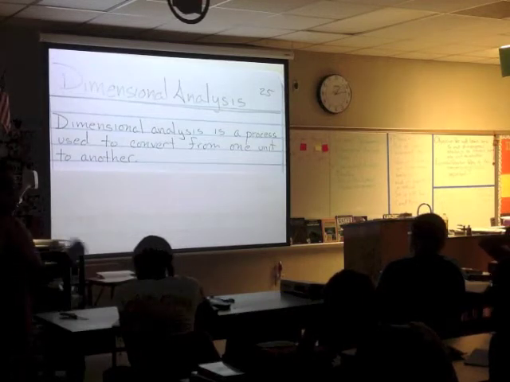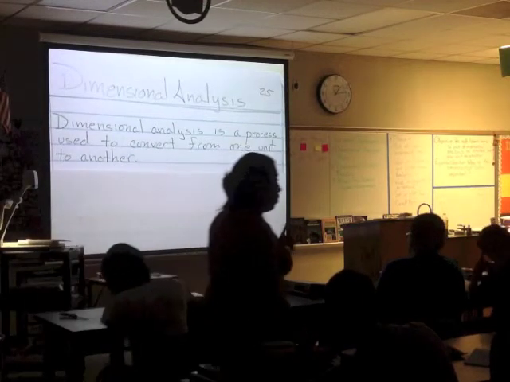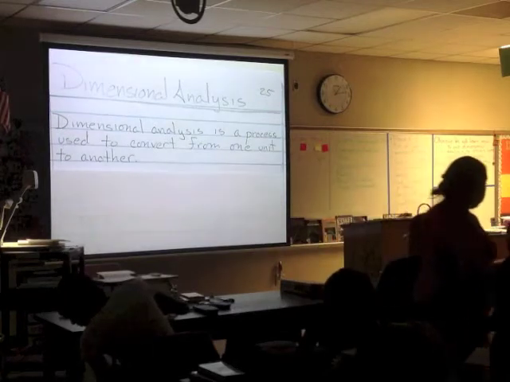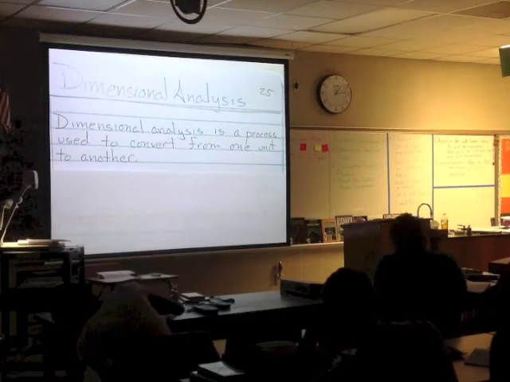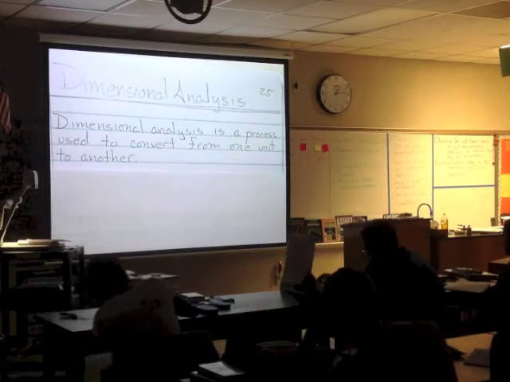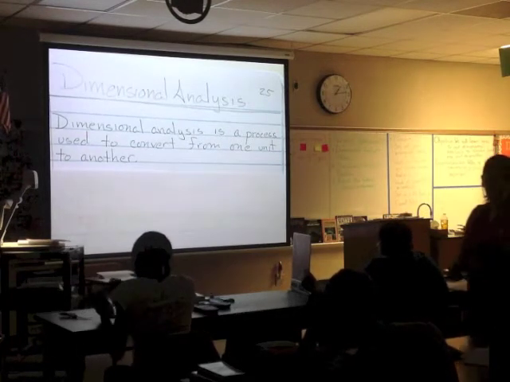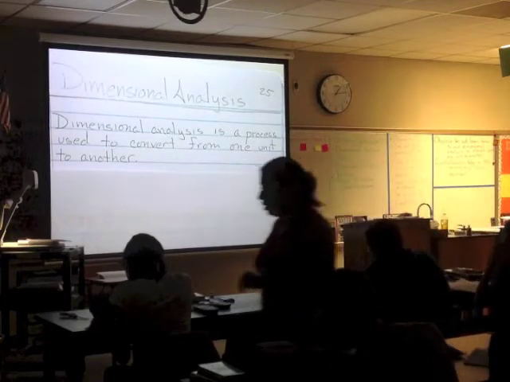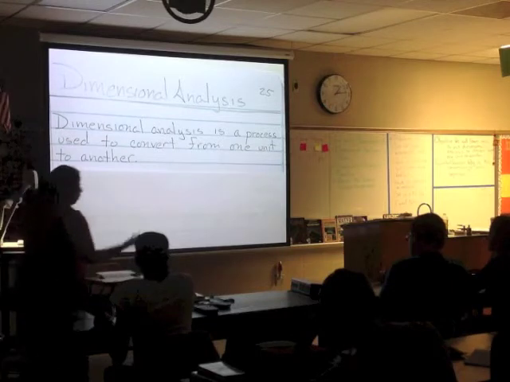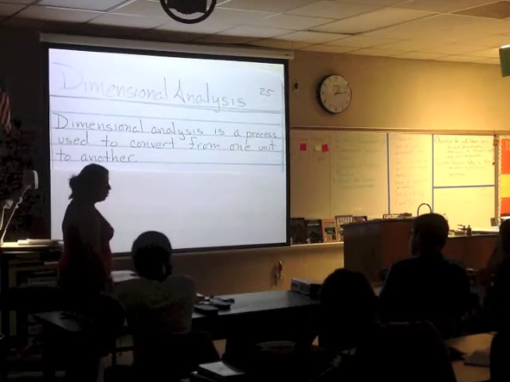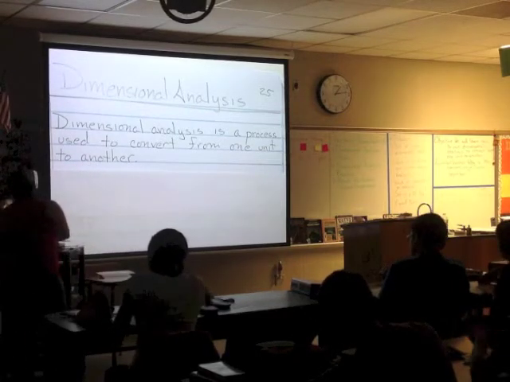I use colors to color coordinate each step. You don't have to use colors while you're taking your notes, but I would recommend that you maybe would, because it's going to show you what step is 1, what step is 2, 3, 4, and so on. I use both markers and math pencils, so you might want to do that.